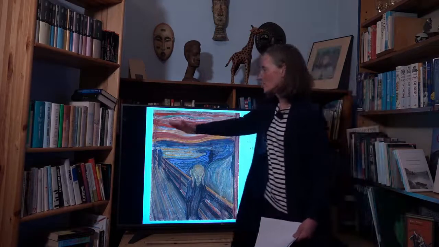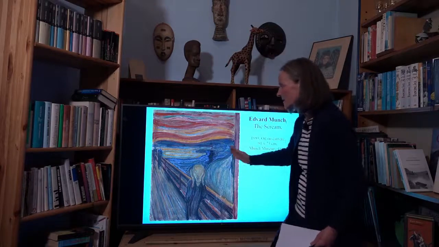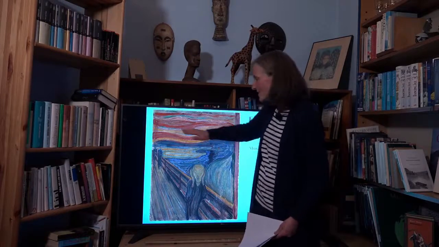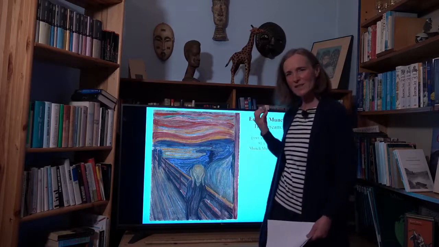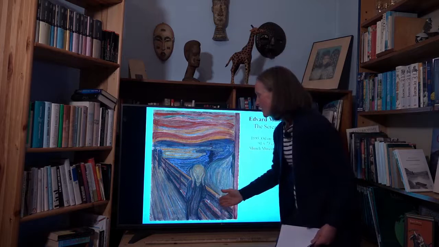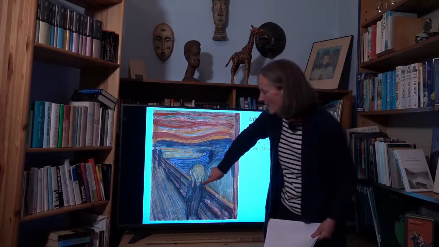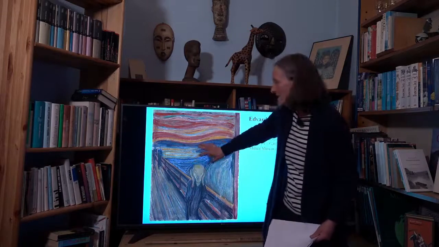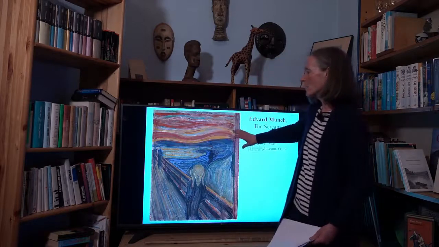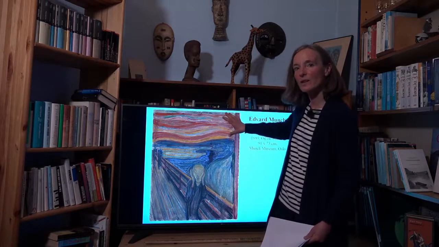And then we have the sky waving, the colors waving, the fjord also, one almost feels like one can hear the water movement. And this sense of movement starts here with this figure, with the position, and the scream, one feels, is echoed through these circular swirls of movement and is echoed then later on by the colors.